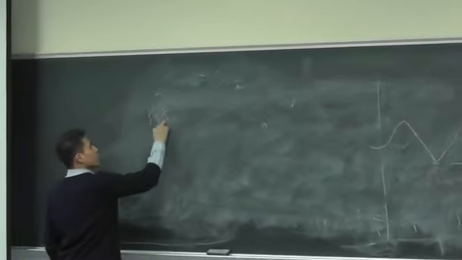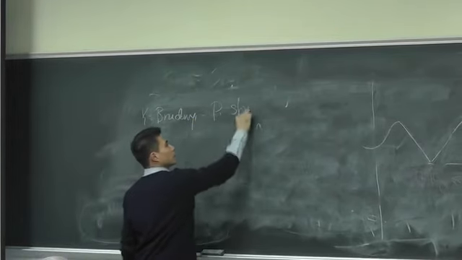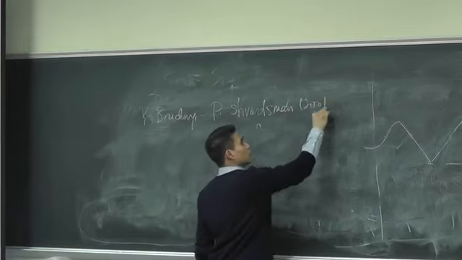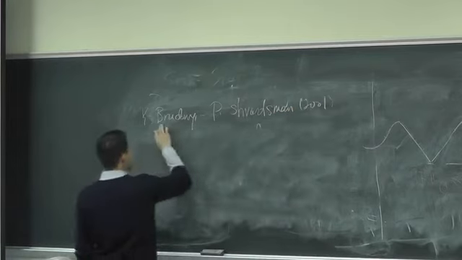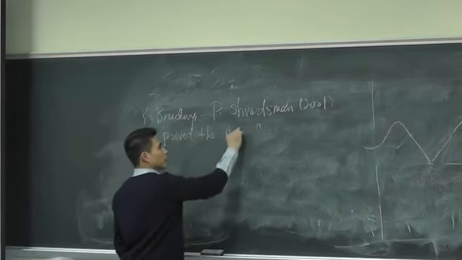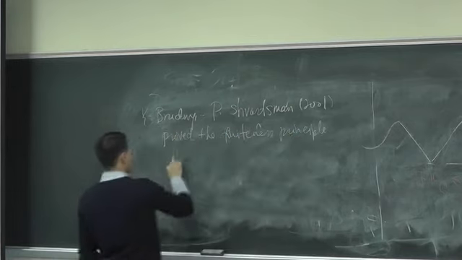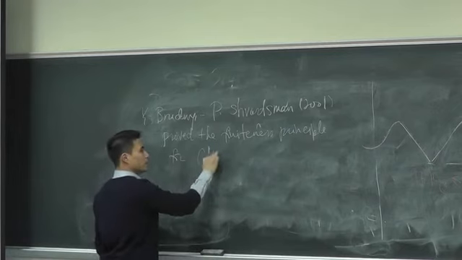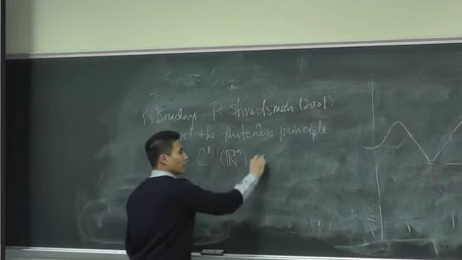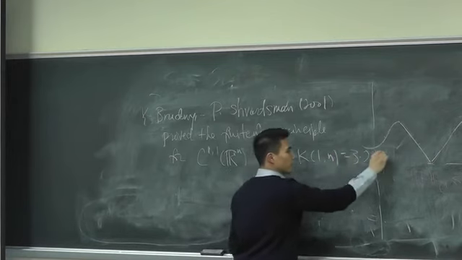Luli, in 2001, proved the finiteness principle for C1,1 on R^n, with the constant C1,n equal to 3 times 2 to the n minus 1.